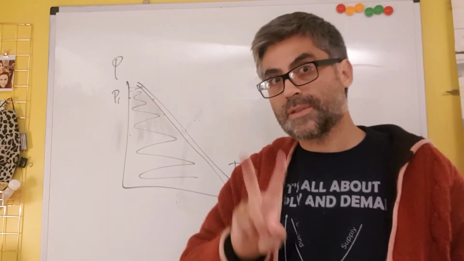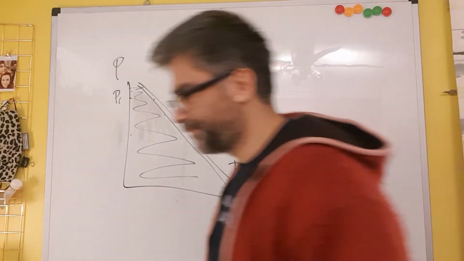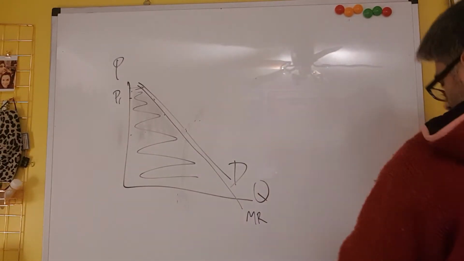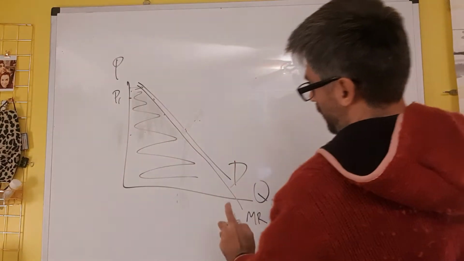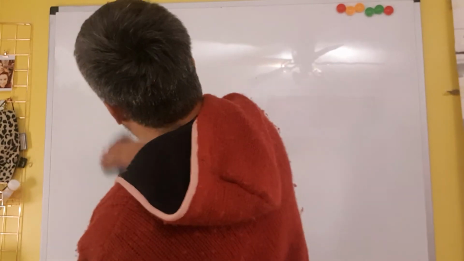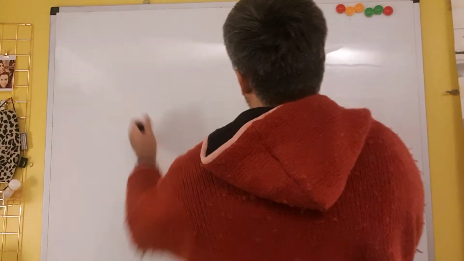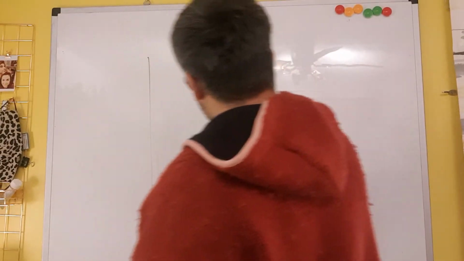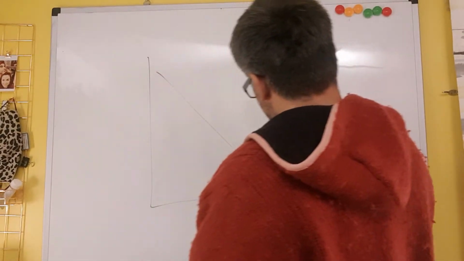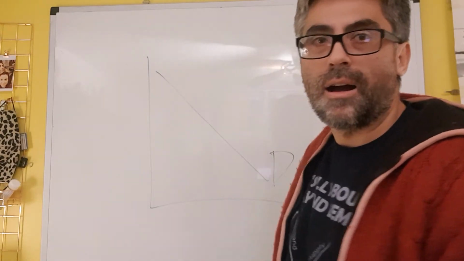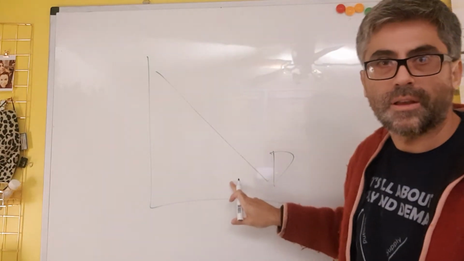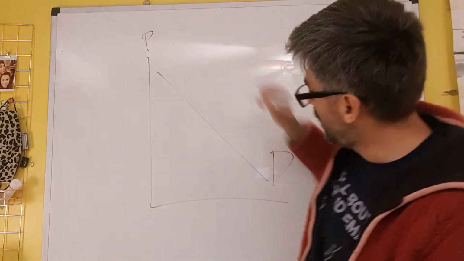Now, second degree price discrimination is a little bit different. Again, we have our demand curve here, and we have our price, our quantity.